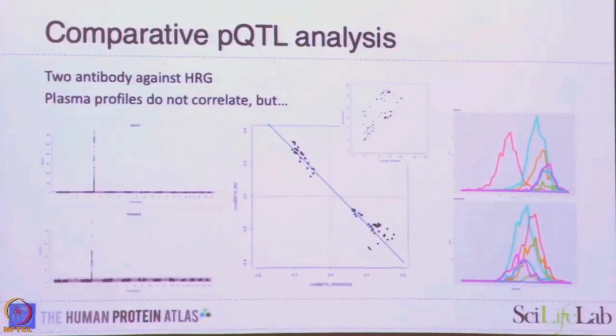What we could see is that these 2 antibodies have exactly the same list of pQTLs, but an opposite trend in their association. That's also seen here by these distribution plots, meaning the red genotype is lower for this antibody, whereas the red genotype is higher for this antibody.